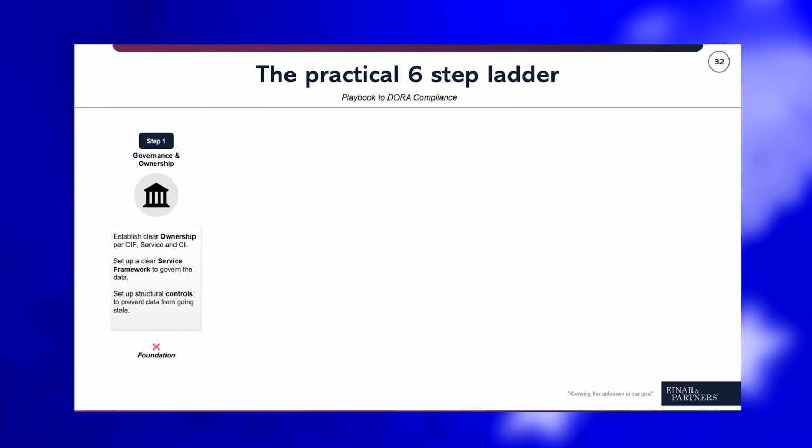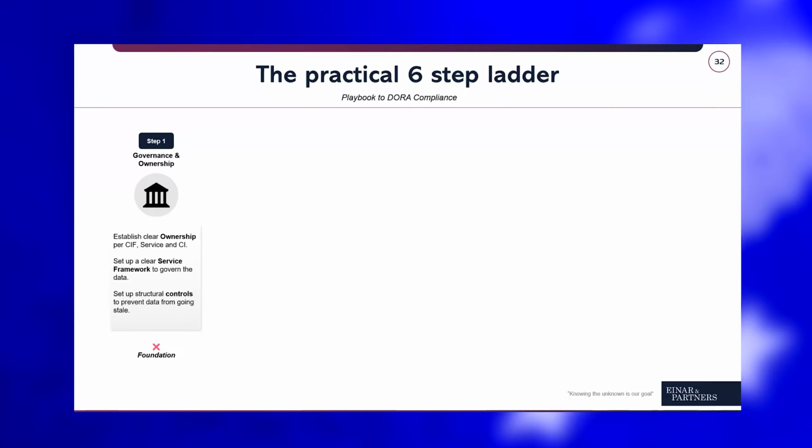Then the same for the different services that are involved. Who is the owner of that? Who takes the responsibility that it's correctly maintained in the CMDB? And then moreover, the different CIs, the different IT assets, they all should have their responsibility assigned.